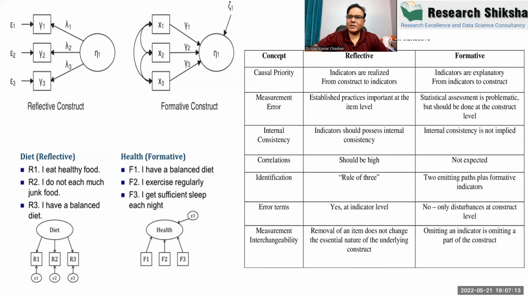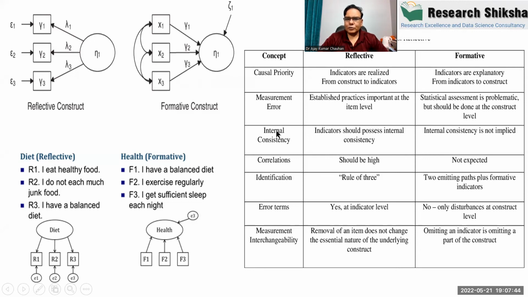Items are the dependent and construct is the independent. However, in formative, I speak the opposite. In formative, the construct is dependent, items are independent. In reflective, the items are dependent, construct is independent. So this is the way we differentiate between the two.